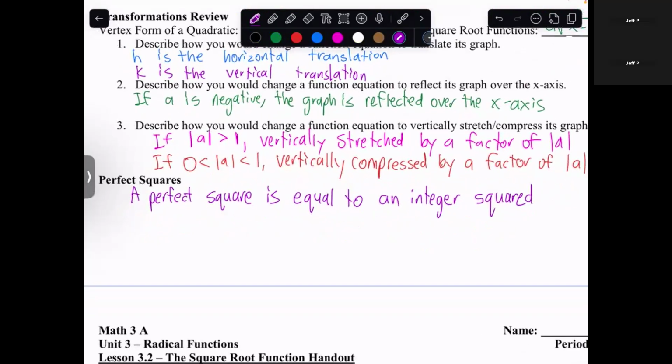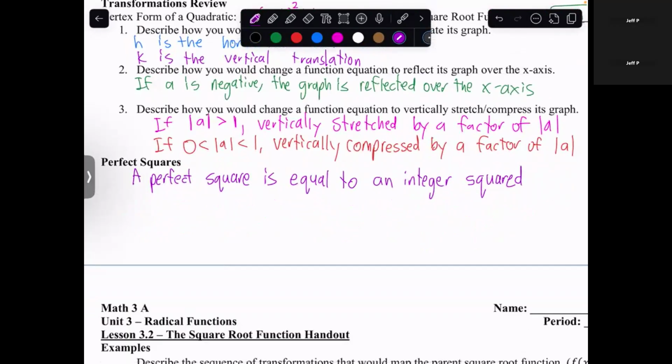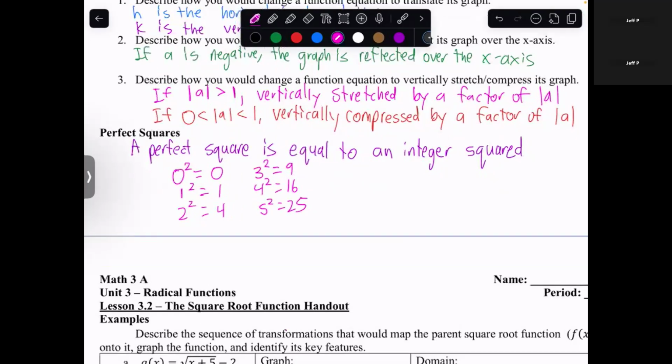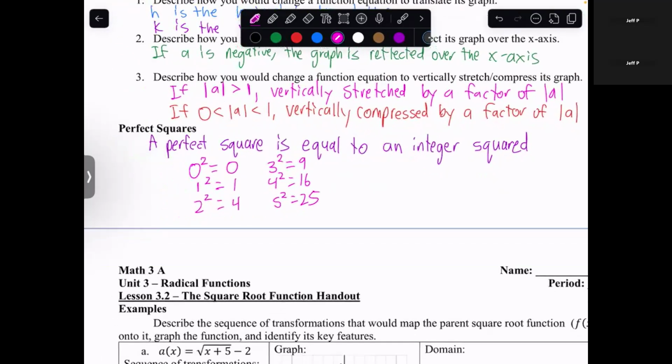Okay, so we want to be familiar with the first few perfect squares. You don't need to memorize this list. You can generate it very quickly, right? So you just start with, okay, 0 squared is 0, 1 squared is 1. 2 squared, 2 times 2 is 4. 3 squared, 3 times 3 is 9. 4 squared is 16. 5 squared is 25. And you could keep going, right? You could do 6 squared, 7 squared.